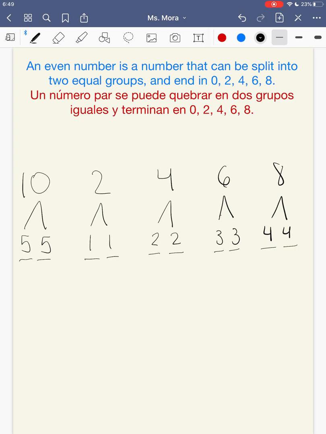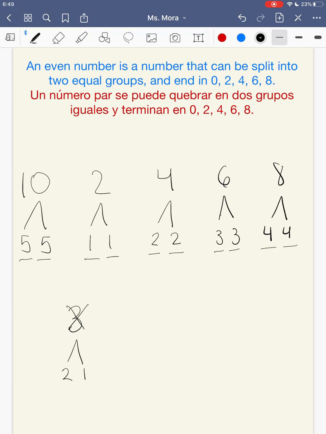But let's try, guys. What if I have the number 3? Can I split that up into two equal groups? I know 3 is made up of 2 and 1, and 2 and 1 are not the same, so nope, 3 is not an even number.